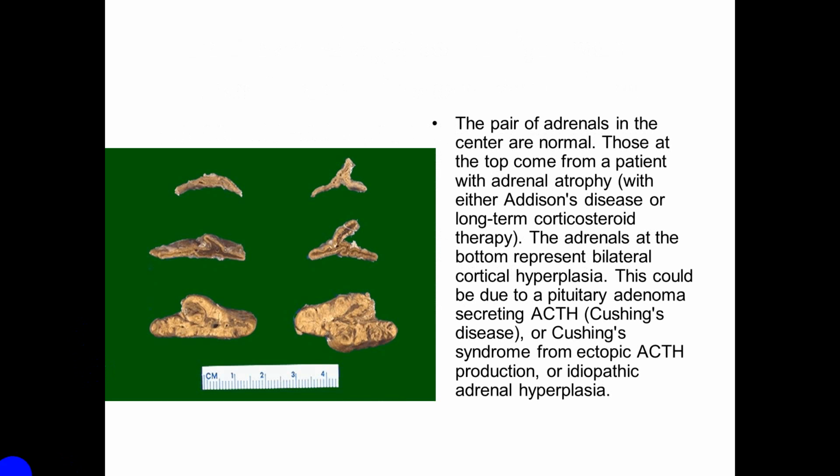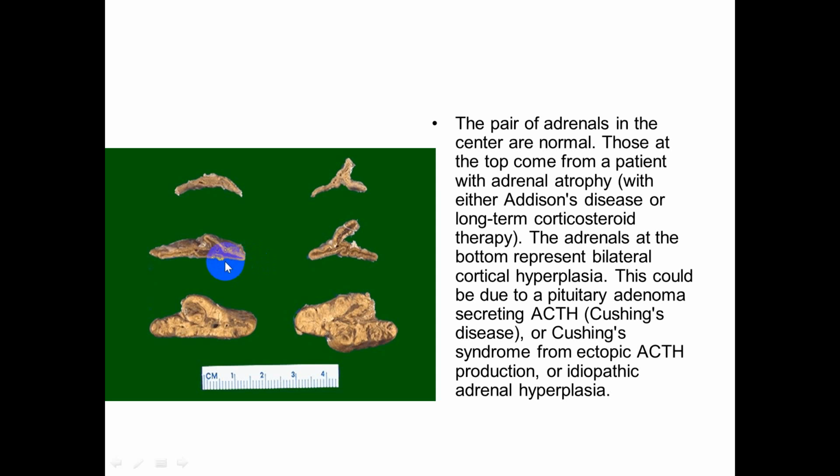In this picture we demonstrate different changes in the adrenal gland by pathology. The pair of adrenals in the center are normal. Those at the top come from patients with adrenal atrophy, with either Addison disease or long-term corticosteroid therapy.